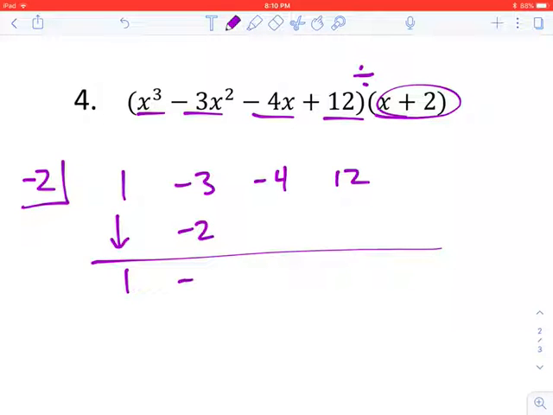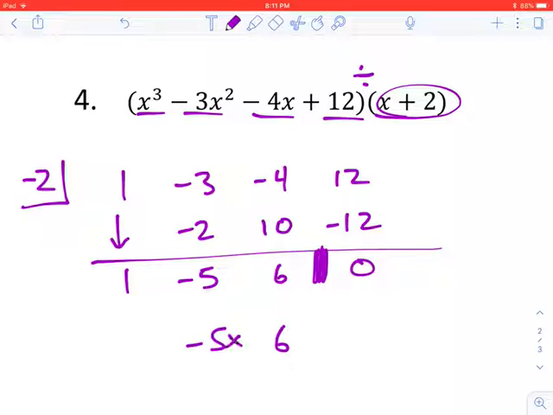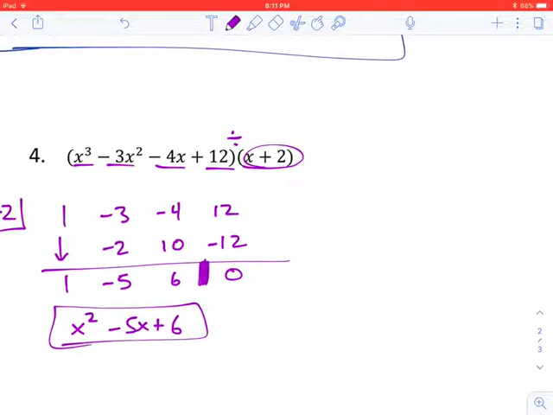Add down, that's -5. Negative times negative is +10. Add down, that's 6. 6 times -2 is -12. That's 0. So this time we have a remainder of 0. So I've got 6, -5x, and +1x squared. There's my answer. No remainder, which means x plus 2 is a factor.